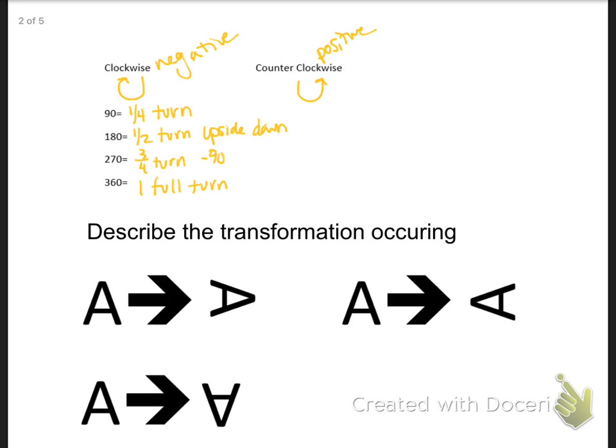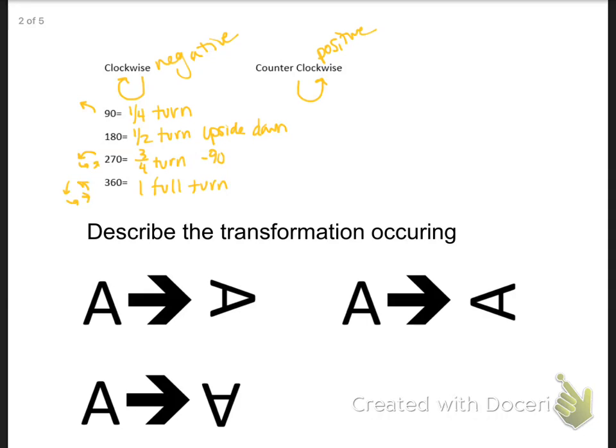So 90 is me taking that image and turning it a quarter of a turn. Remember, it's +90, so it's going to go counterclockwise, so it'll go this way. Then 180 it'll go upside down, 270 it will go once, twice, 3/4 of a turn counterclockwise. 360 will be that full rotation back to its original.